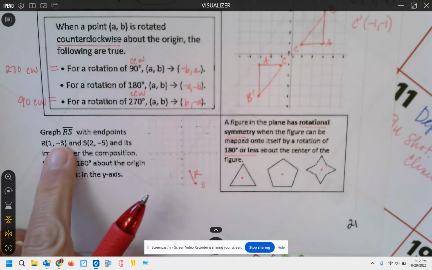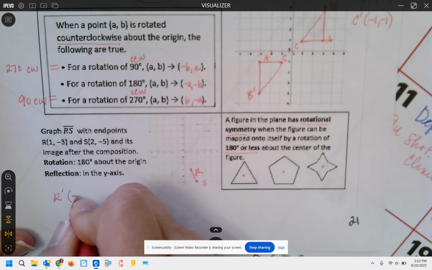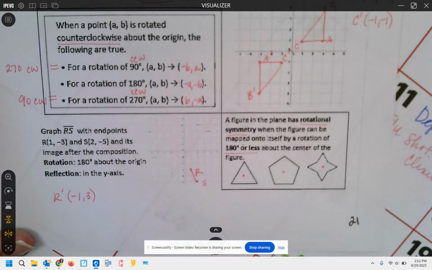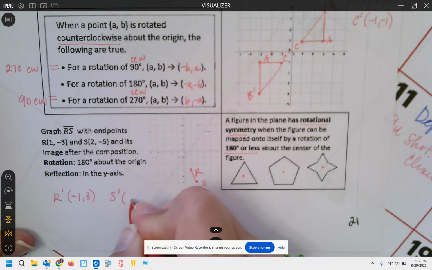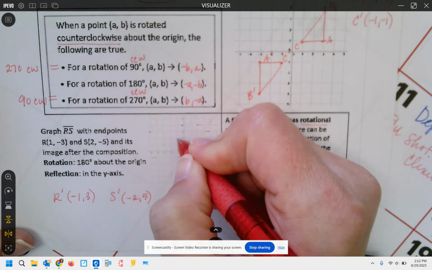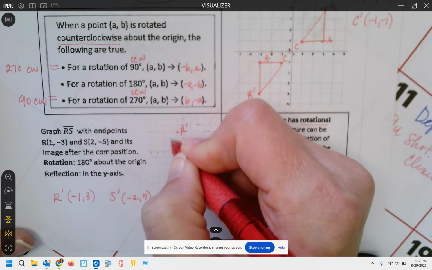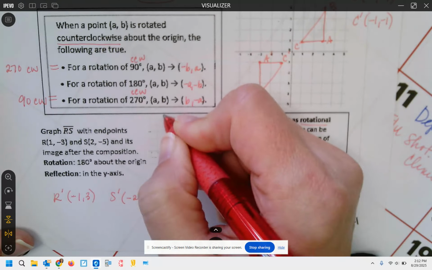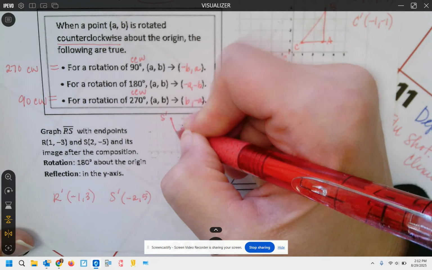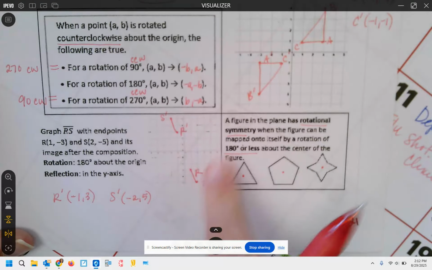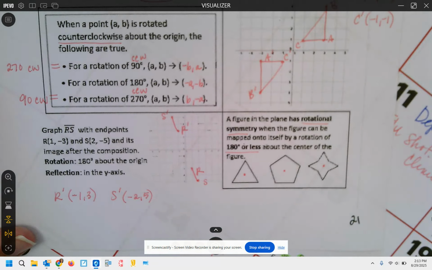So 1, -3 would go to -1, 3. And the new S prime, if S was at 2, -5, this will go to -2, 5. Okay, so there's the rotation halfway around the circle, either direction.